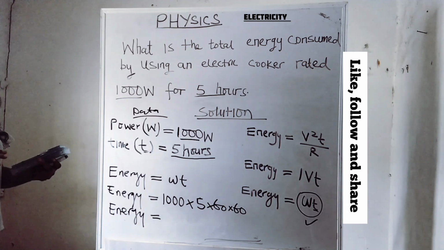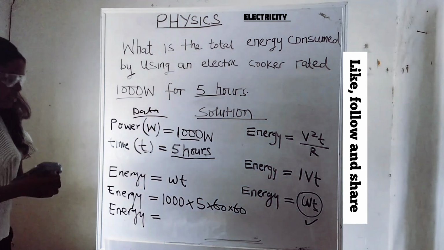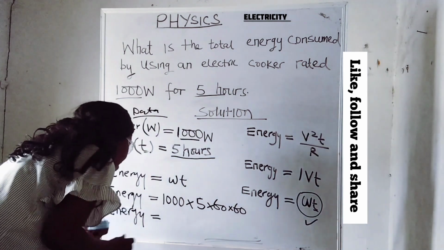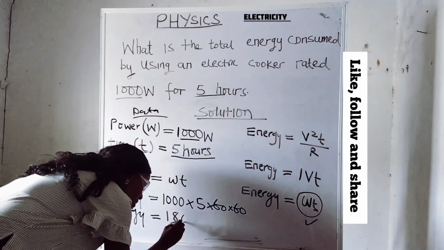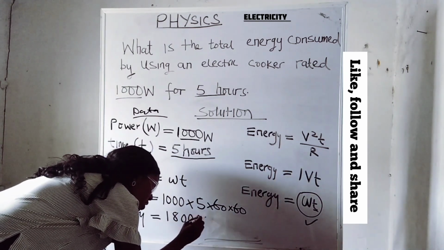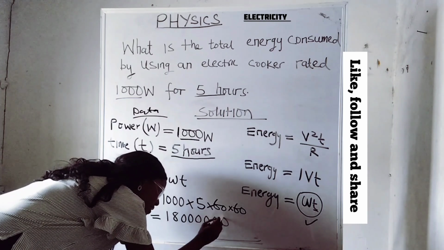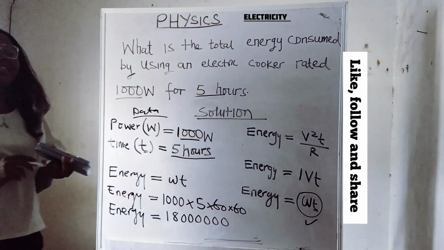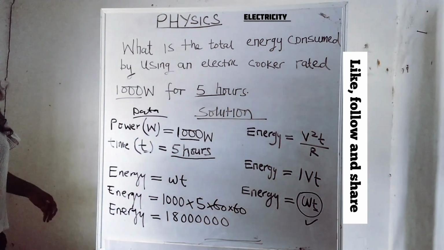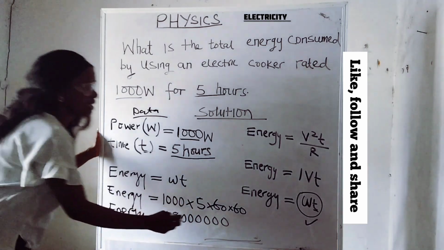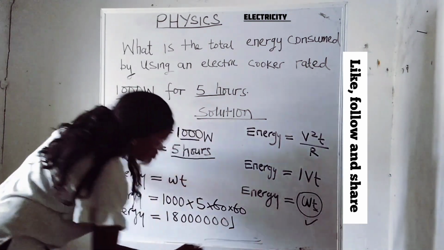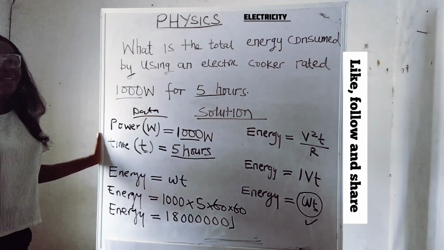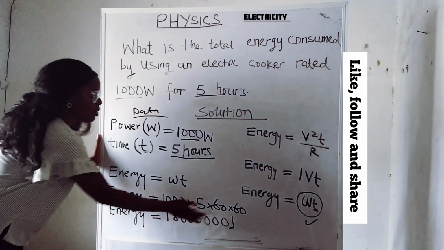It gives us 18 million. 18 million what? We are talking of energy, and energy is measured in joules. So 18 million joules.